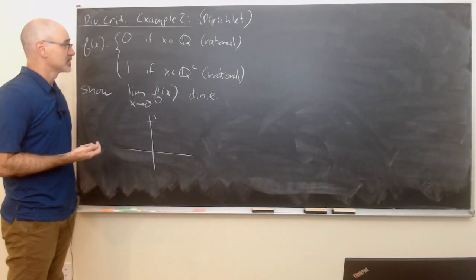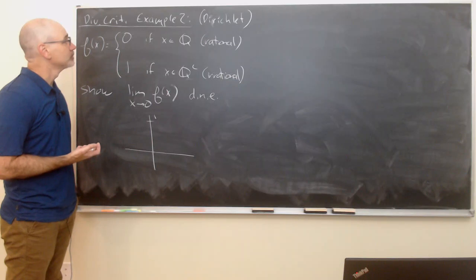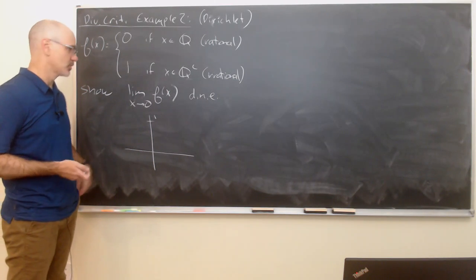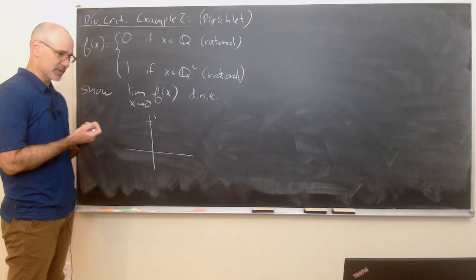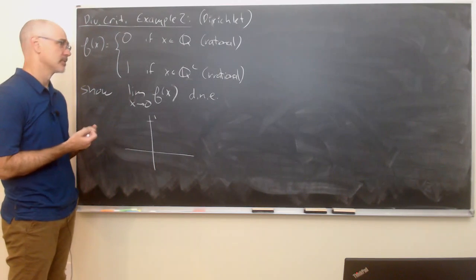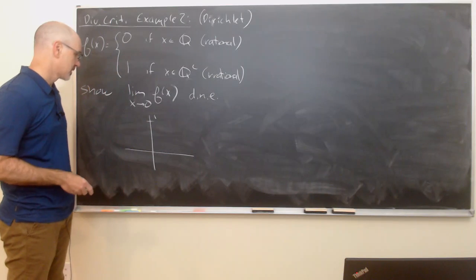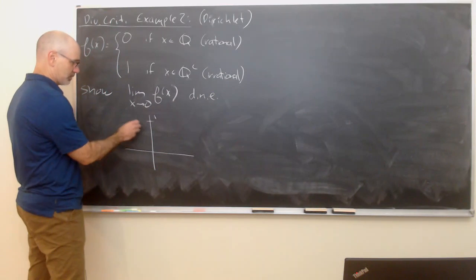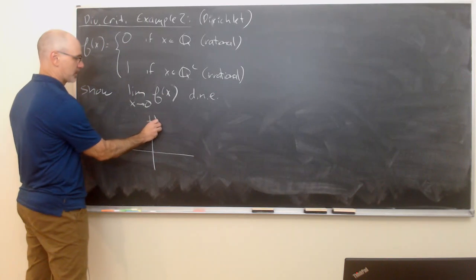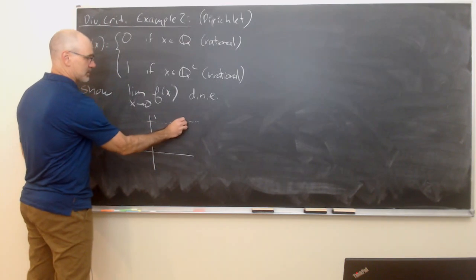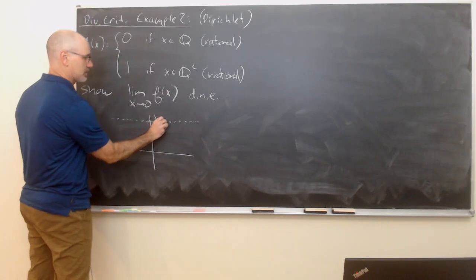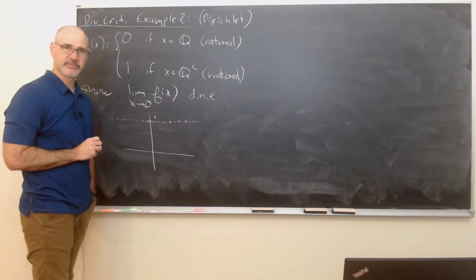Now, this really is an impossible task because, remember, the rationals are dense in the reals, and so right between any two rational numbers, there's an irrational number. Between any two irrational numbers, there's a rational number. And so you basically have an infinitely discontinuous function, and the way we graph it is we indicate that by what we'll call a fuzzy line.